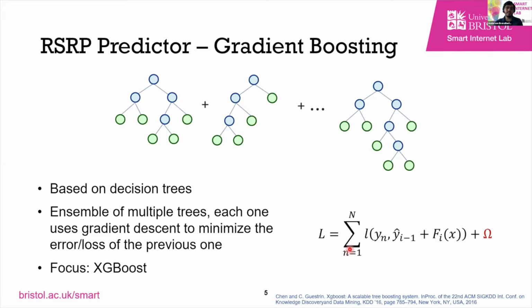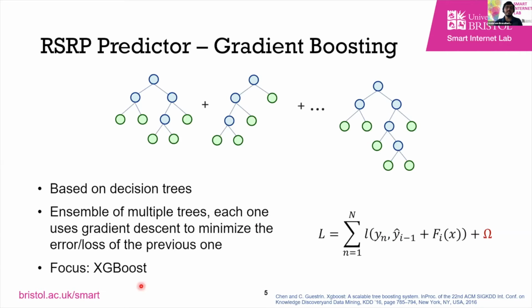The way we do that, and why it's called gradient boosting, is because we define a loss function that, given the real value of the data that we observe and the predictions, is going to try to fit for each leaf in each tree what would be the value that minimizes this loss, right? So we use the derivative function here, and therefore we call it gradient boosting. We use the derivative to calculate the values for each one of the leaves.